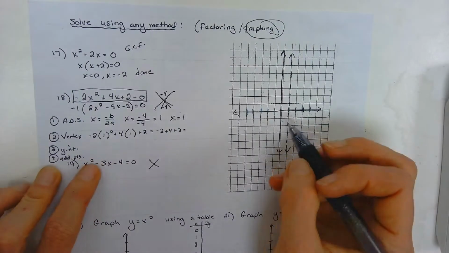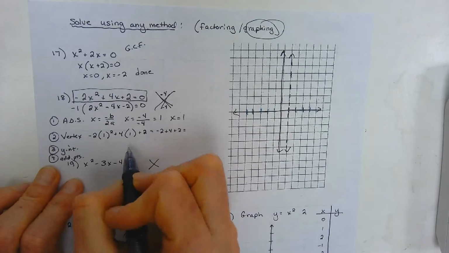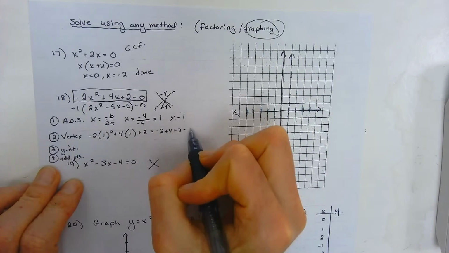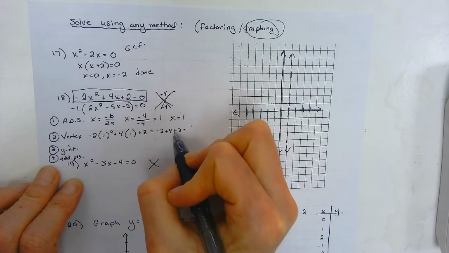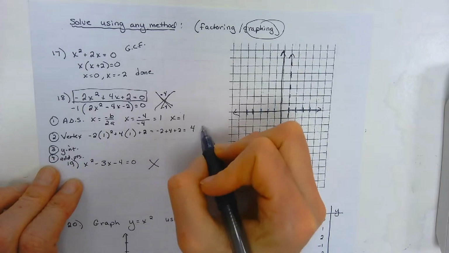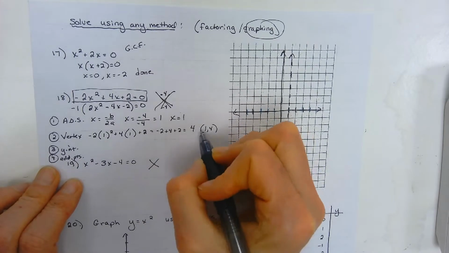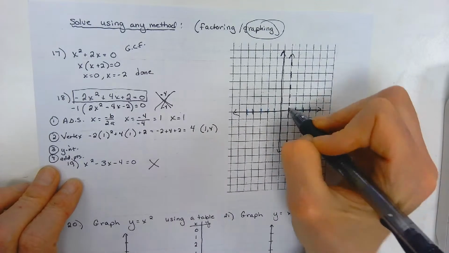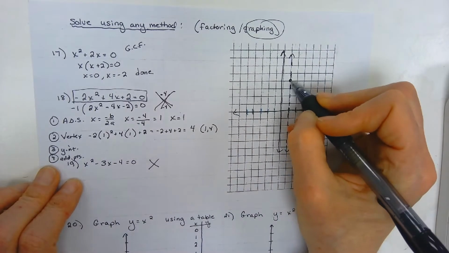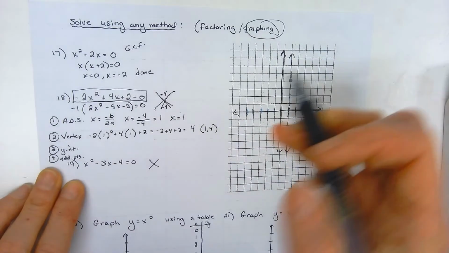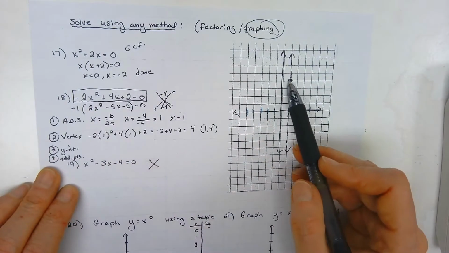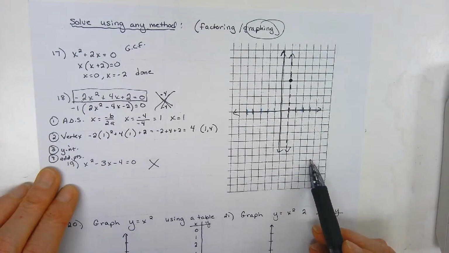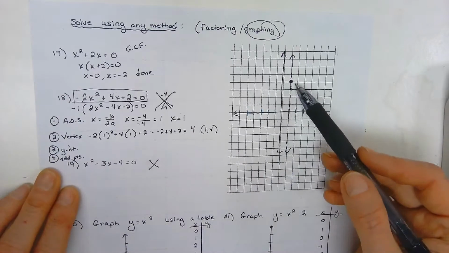So the vertex is at 1, 4. 1, 1, 2, 3, 4. This coefficient, the leading coefficient, is negative, so this parabola will open downward. And so that's what we'll hope to see.